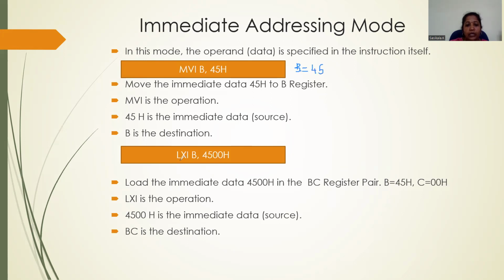Now, the other instruction is LXI B, 4500. Normally this X represents a register pair. Here I have 3 register pairs: BC, DE and HL.